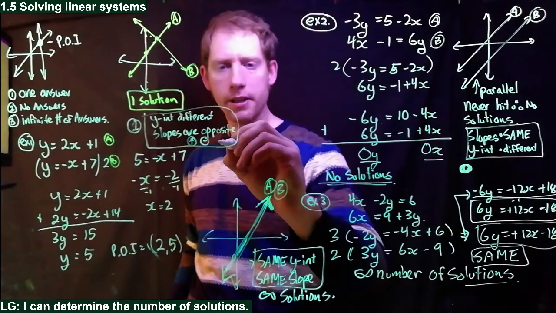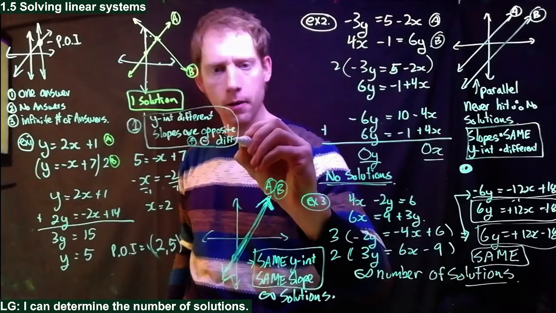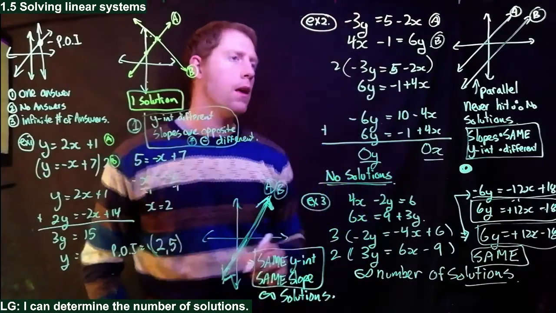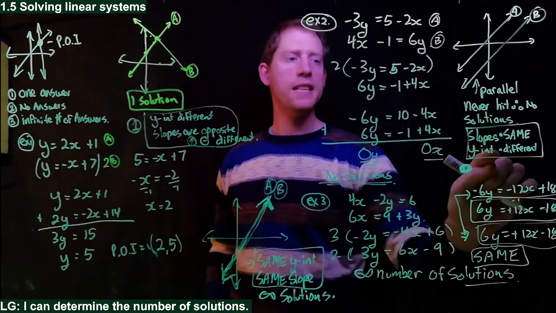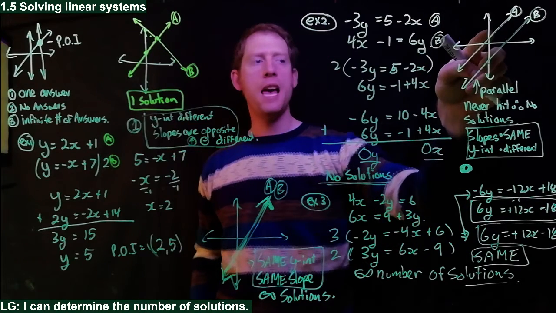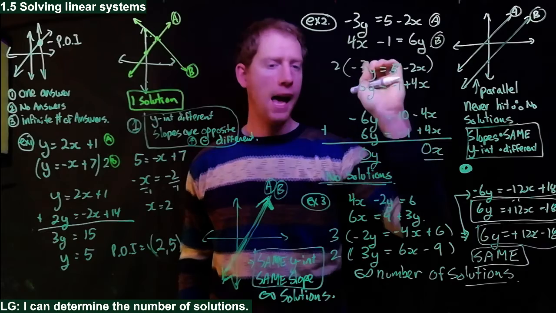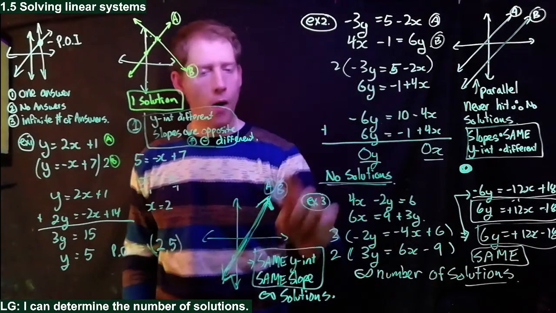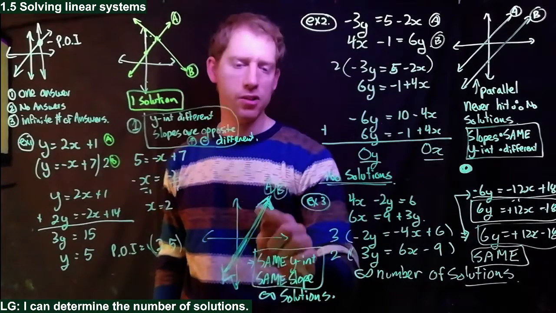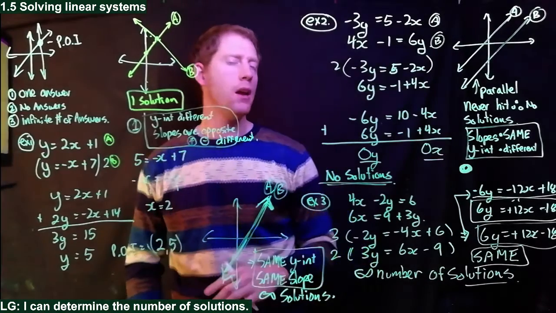They're opposite or different. If the slopes are the same and we have different y-intercepts, it means that you'll have no solutions. And the third one is if the y-intercept is the same and the slopes are the same, so we have an infinite number of solutions.